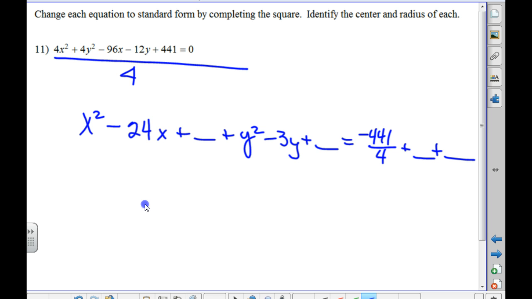Okay, can you guys try to finish? You just divide by the zero back. Yes.